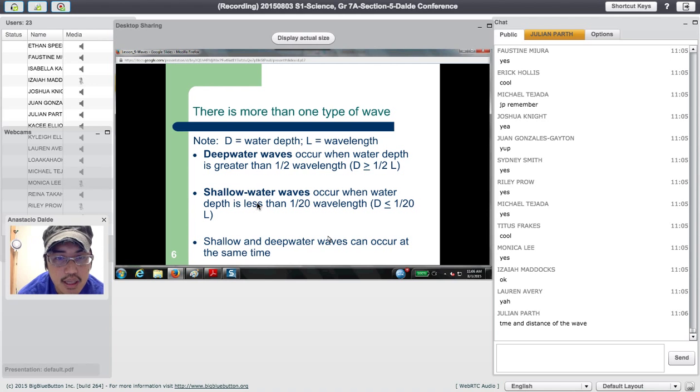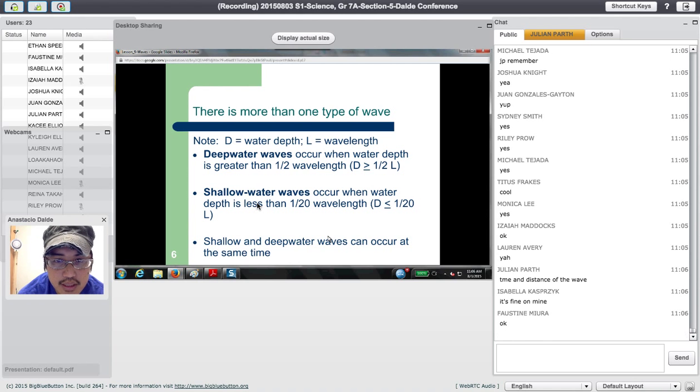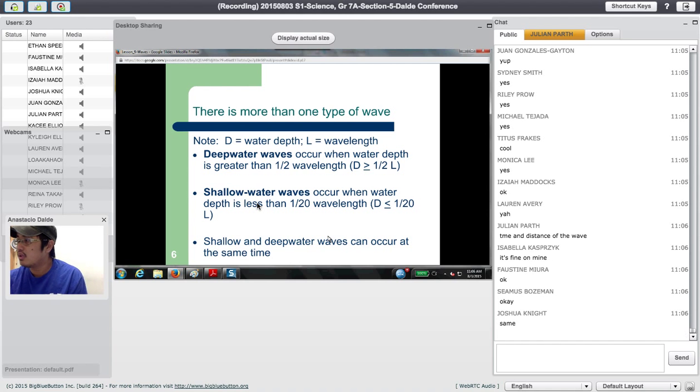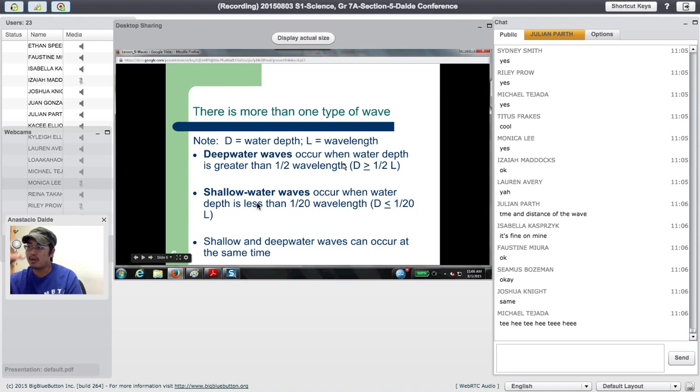Let's see. A deep water wave occurs when the depth between the wave and the ocean floor is bigger than 1/2 of the length of the wave. So how do I classify deep water waves?